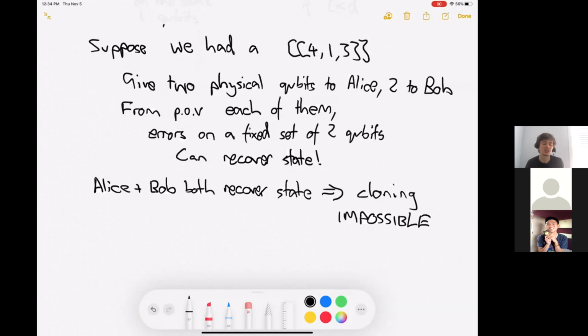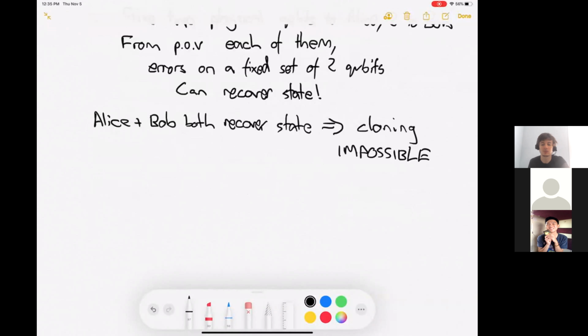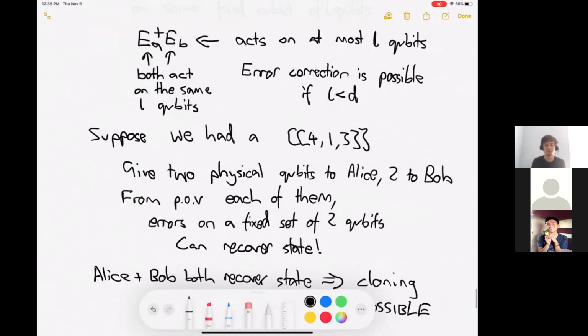It's a beautiful theorem that says as long as the errors on your original physical qubits are small enough, then you can do fault tolerant quantum computing, and you can make the probability of logical errors in your computation arbitrarily small. Okay, so yeah, that is next time. But anyone have any questions on the last stuff there?